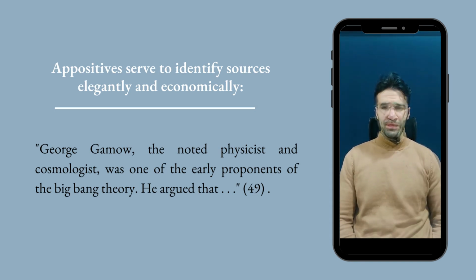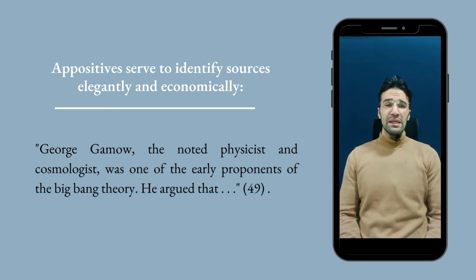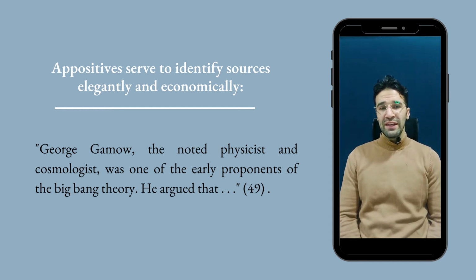Let's see this example. The example says, George Gamow, the noted physicist and cosmologist, was one of the early proponents of the Big Bang theory. Here, as you can see, we want to give some information on the identity of George Gamow.